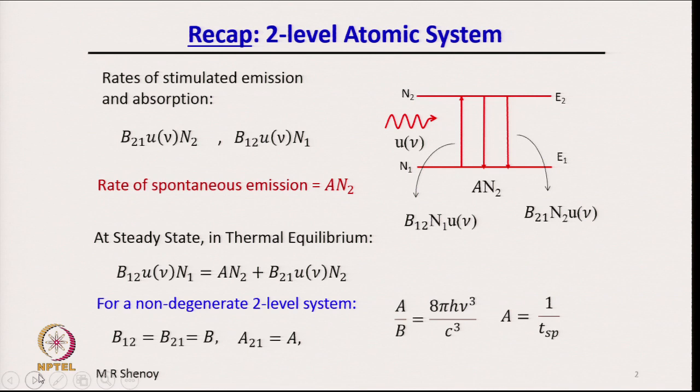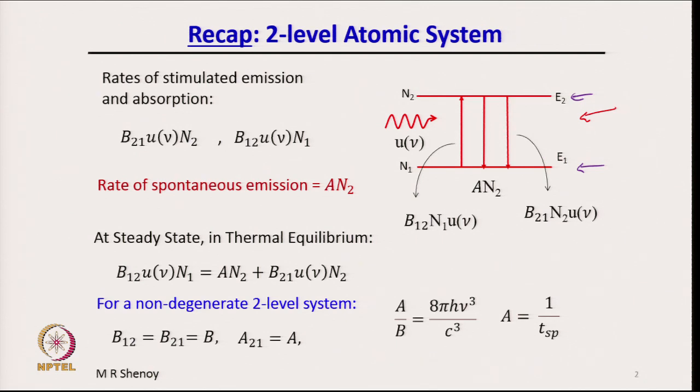A very quick recap: in the last lecture we had seen the two level atomic system, where the interaction is between a ground state and one of the excited states, which we call energy level E2.